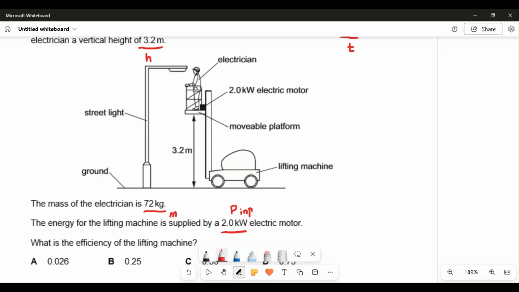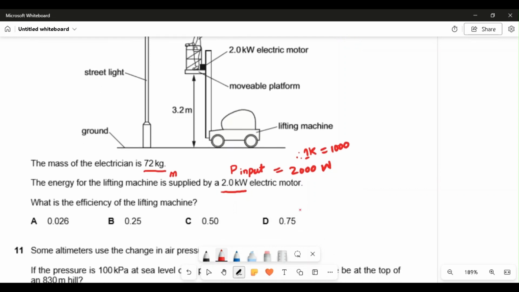So input provided by the machine is 2 kilowatt, and in watts, 1 kilo means 1000. So you can say 2 kilowatt as 2000 watts. This is to remember that 2000 watts is the input.